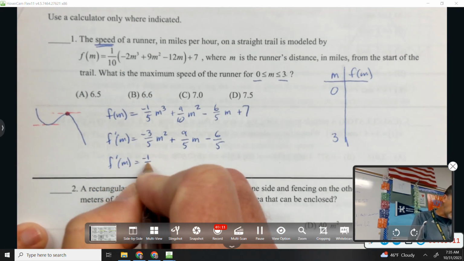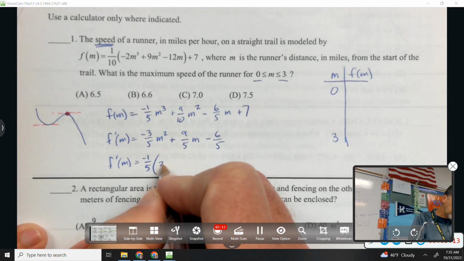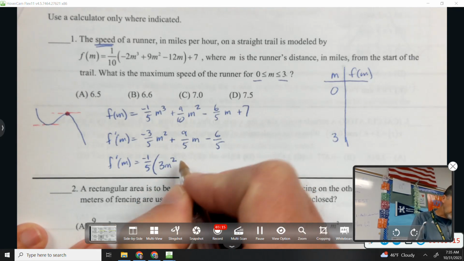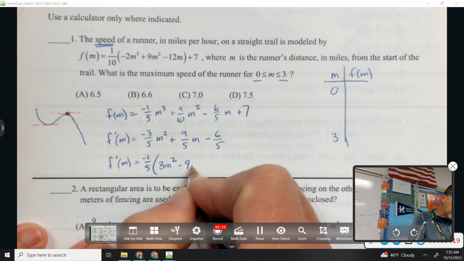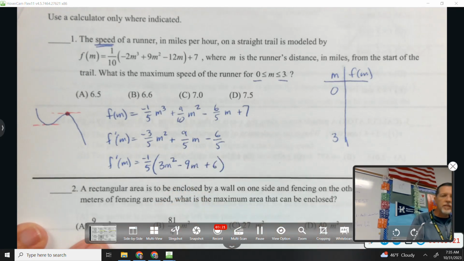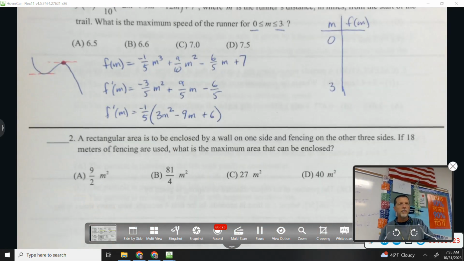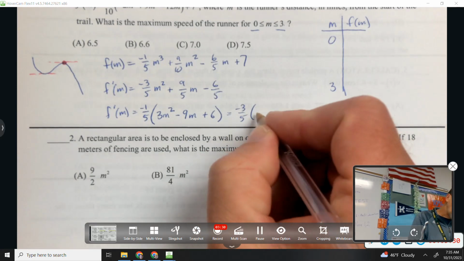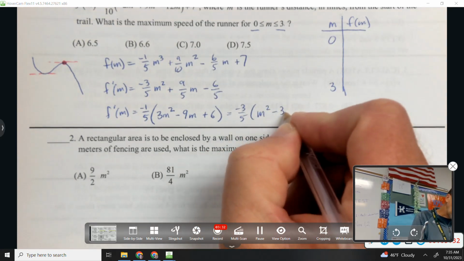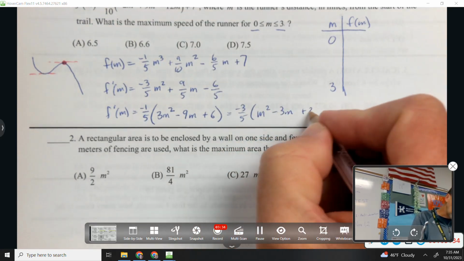I'm going to take out a negative 1/5, 3m squared. Whoops, I should have taken out more than that. Minus 9m plus 6, which means I could have taken out a 3 as well. So negative 3/5 m squared minus 3m plus 2.